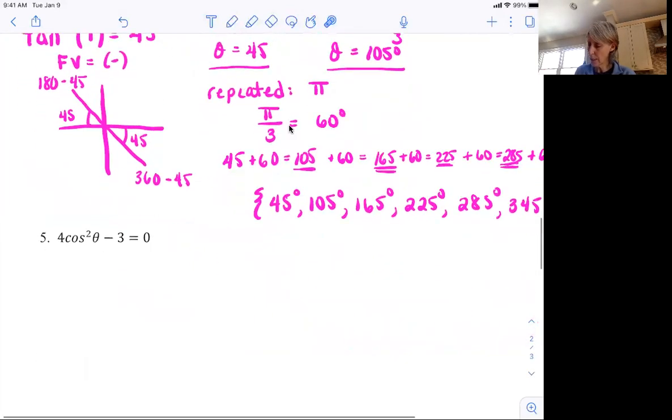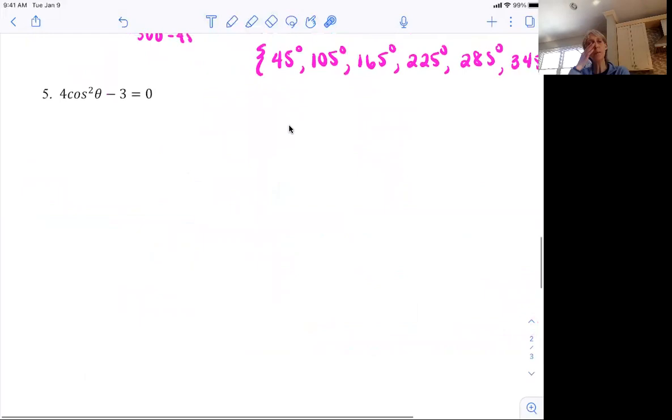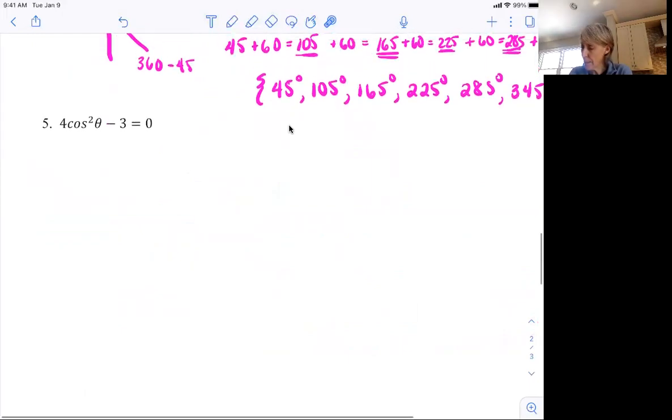Now let's switch gears a little bit. And I have 4 cosine squared minus 3 equals 0. If I try to rewrite this with sines, that's not going to help me. I'm still just going to have one function value being squared. Whenever I'm not sure what to do when I approach a problem, I think about what I would do if there was just an x in the problem.